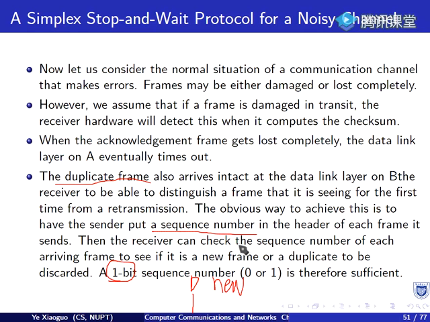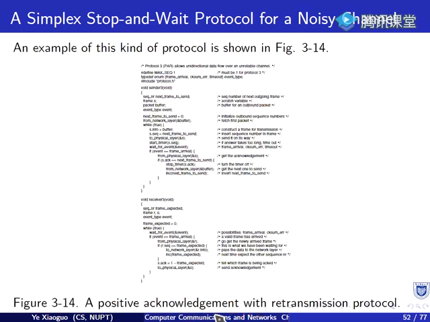If the sequence number is 0, this is a new frame. If the sequence number is 1, this is the next frame. N-E-X-T, next frame. So the 0, the 1.